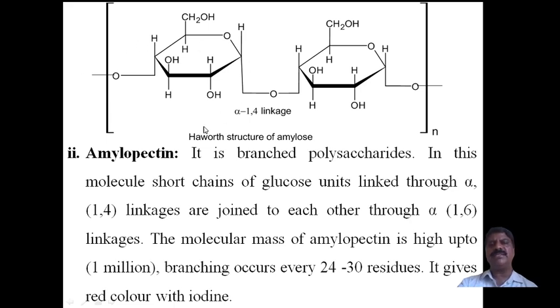Now next comes amylopectin. This is about amylose. Amylose contains alpha D glucose units, and its molecular mass varies from a few thousand, and it contains alpha 1,4 linkage, which is very essential, and it gives a blue color with iodine solution.